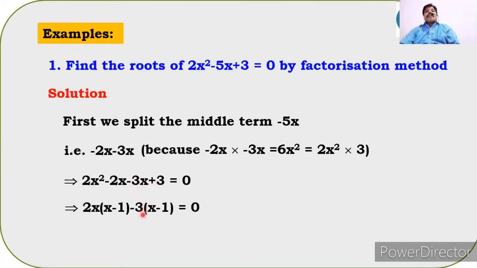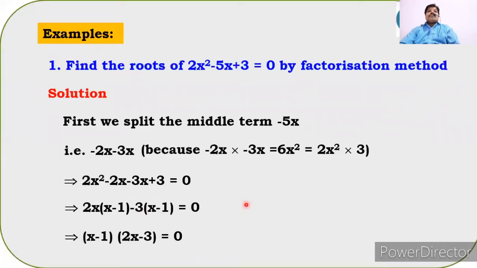You get minus 3 into x minus 1, that is equal to 0. From these two terms, I observed that x minus 1 is a common term, so I can take the common x minus 1 from these two terms. What will it become? x minus 1 into 2x minus 3 is equal to 0.